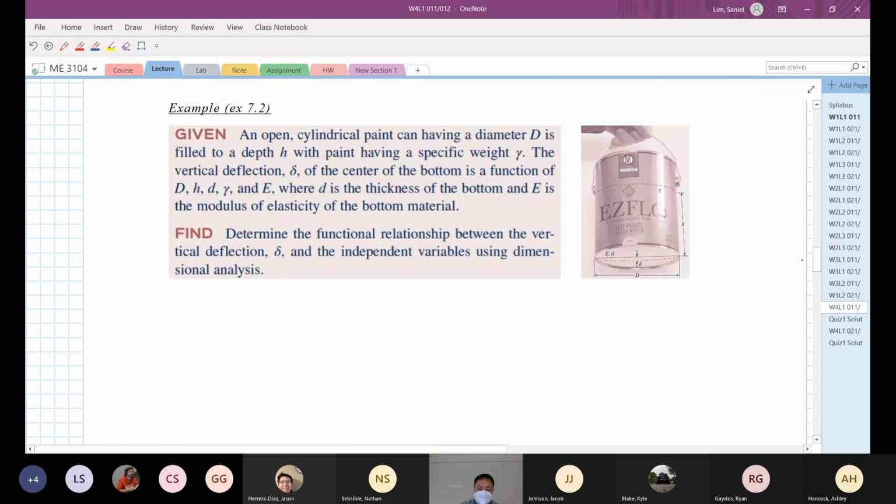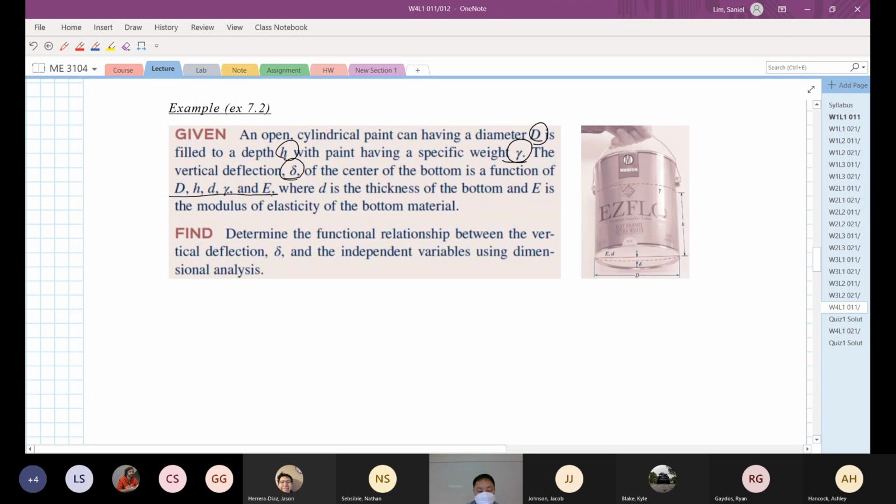And let's take a look at another example problem. This one gives you a somewhat confusing part in the middle of the calculation. So we have a paint here. What's given here is D, diameter, height, depth, and the specific weight, which is rho g, vertical deflection delta, and delta is a function of all those. Here, of course, you know specific weight and diameter, and small d is what? Here it says the thickness.